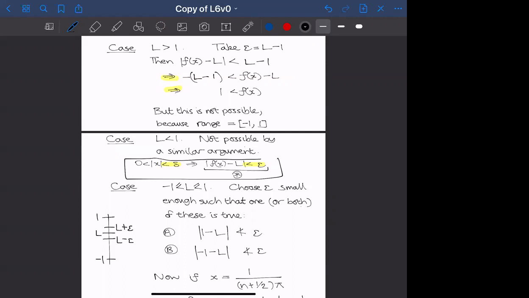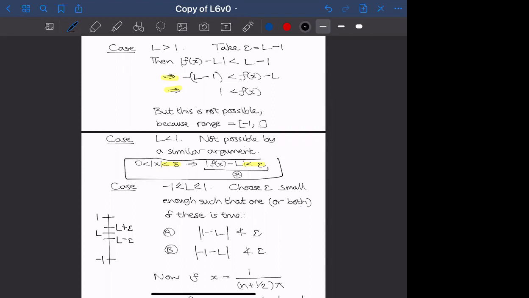So for instance, if L is equal to 1, then A cannot be true, because the left-hand side of A is always 0, and that must be less than epsilon. Similarly, if L is minus 1, then B can't be true. But if L is minus 1, then A can be true.